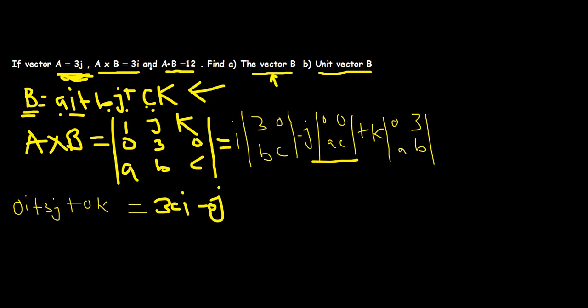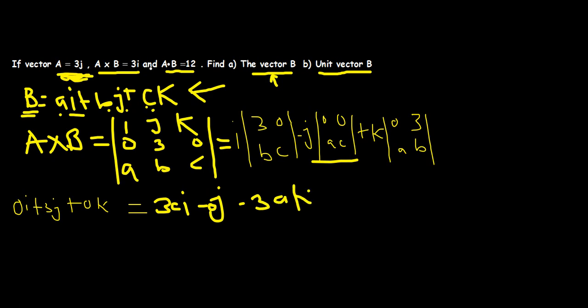And then plus, on the k there we have 0 multiplied by b, which will be 0, then minus 3 multiplied by a, so it will be minus 3a, and then k.